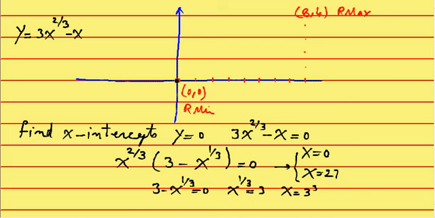So we have one x-intercept here, and the other intercept is way out. Unfortunately, I didn't make room for it, so let me cheat a little bit here and just pretend that 27 is going to be sitting somewhere around there.